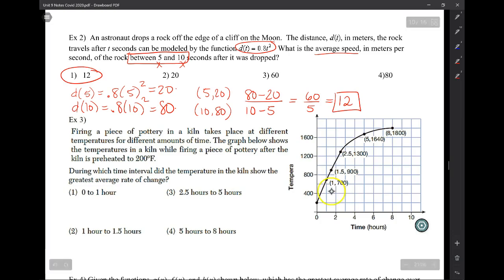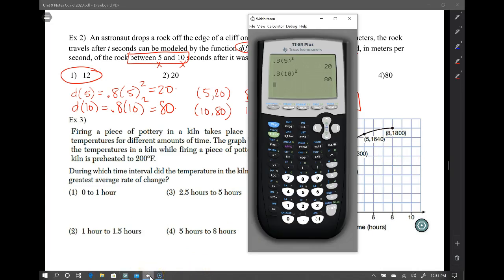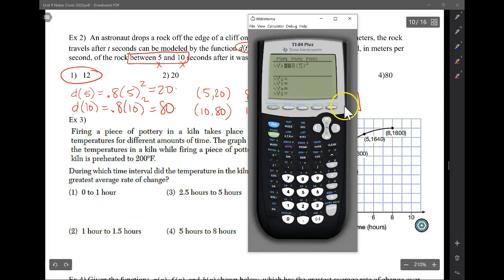You could also, and maybe this is why I was typing in the y equals, have typed in the original equation. The original equation had an x as the base. If you type your original equation in your y equals, and you go to your table of values, find 5, boop, there it is, 20, and find 10, there it is, boop, 80.